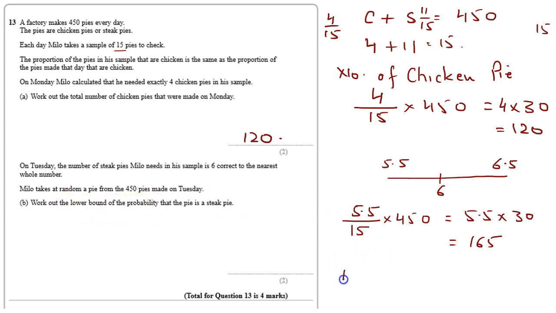So the probability will be 165 chicken pie divided by 450. So we can write it 165 by 450. It can be simplified also further. Divided by 5, and you can get the answer. You keep on dividing and you will get it.